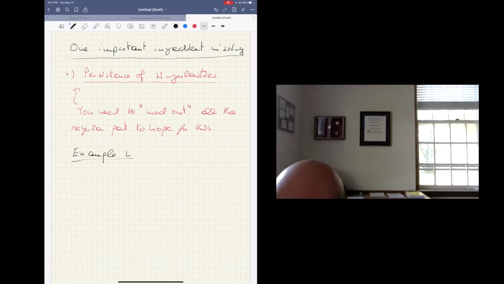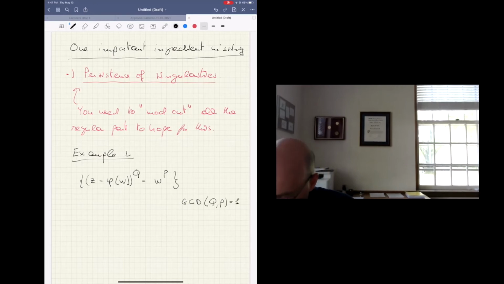If you remember example 2, it was something like this. My function was z minus phi of w to the power k, and then over here I had q, and some w to the power p, and let me assume that the greatest common divisor between q and p is equal to 1.